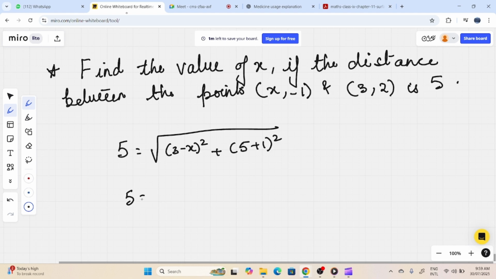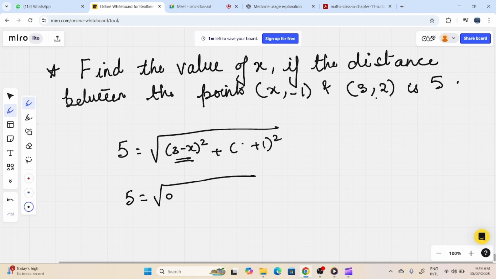Correct? So 5 is equal to under root (3 minus x) is what? You have to apply your identity. What is the identity? How is it 5 plus 1? Oh, that is 2, sorry, 2 plus 1.